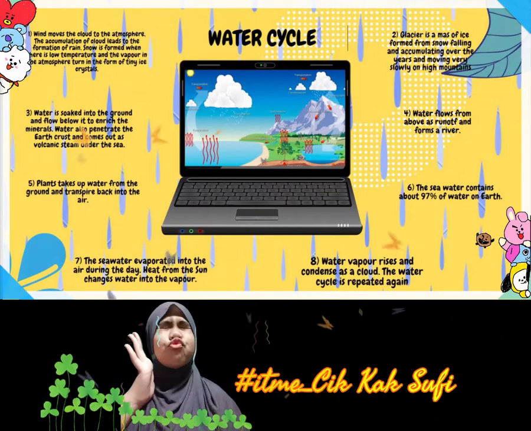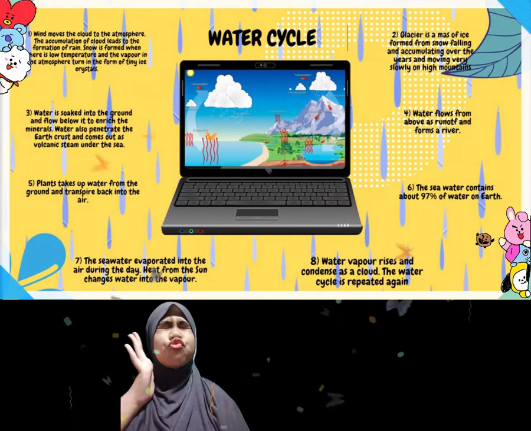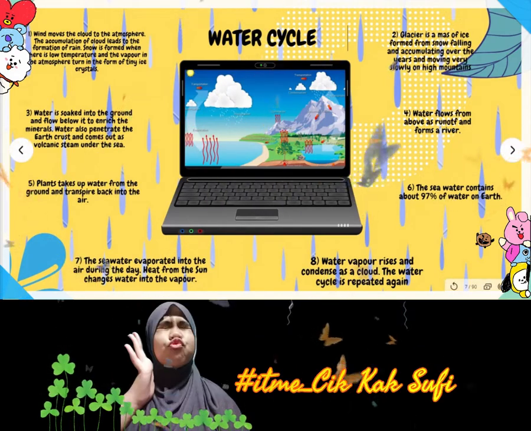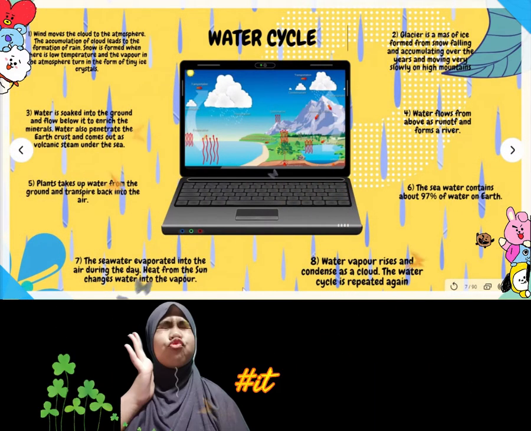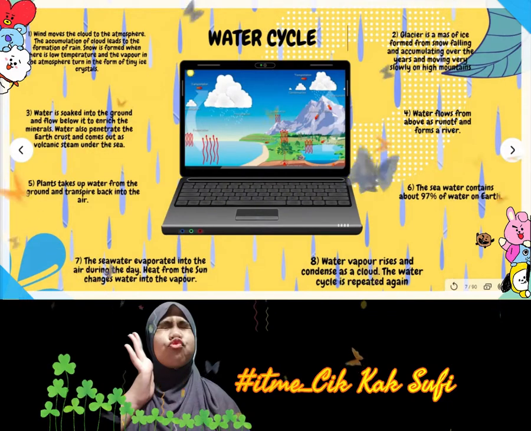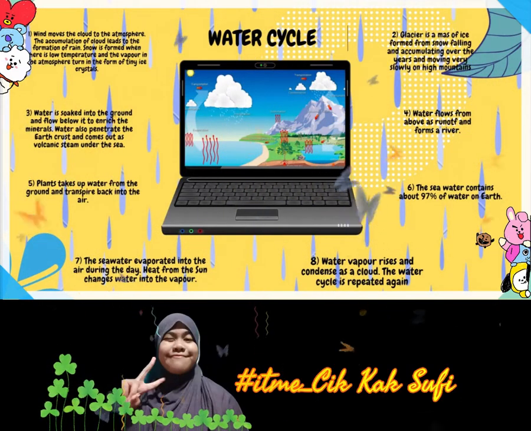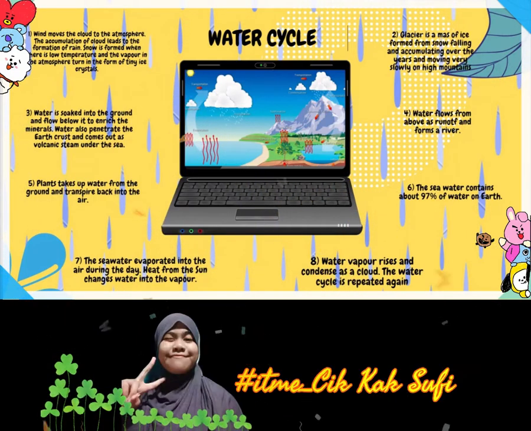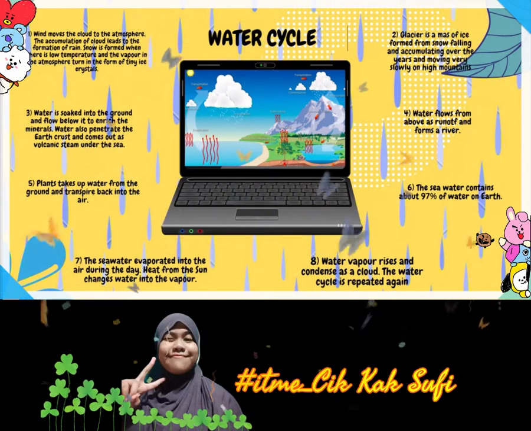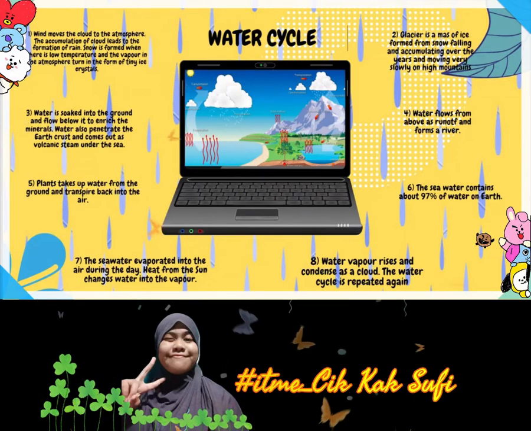The seawater evaporates into the air during the day. Heat from the sun changes water into vapor. Water vapor rises and condenses as a cloud. The water cycle is repeated again. So that's how the water cycle occurs.